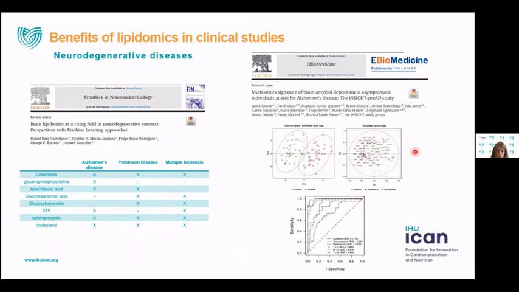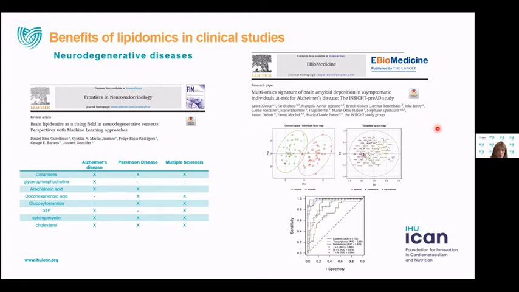An example of this is a collaboration we've been doing with Marie-Claude Potier at ICM just next door at the Pitié-Salpêtrière. So this was a multi-omics study with the aim of predicting the occurrence of Alzheimer's disease in asymptomatic individuals that presented or not an amyloid load.